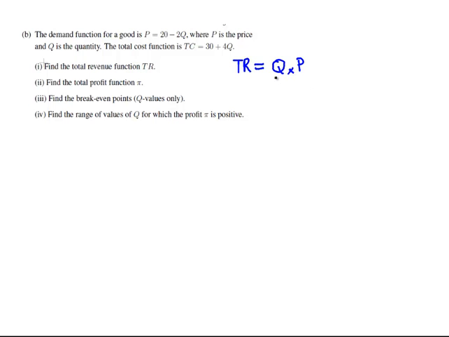Now we have an expression for Q, and we also have an expression for P in terms of Q. So that's equal to Q times 20 minus 2Q, and we can simplify that as 20Q minus 2Q squared. So that's the answer to the first one.